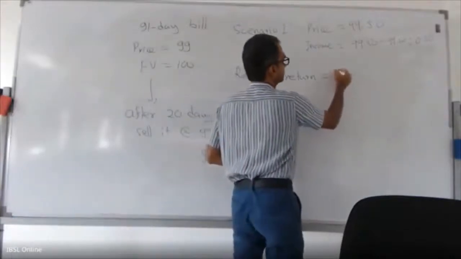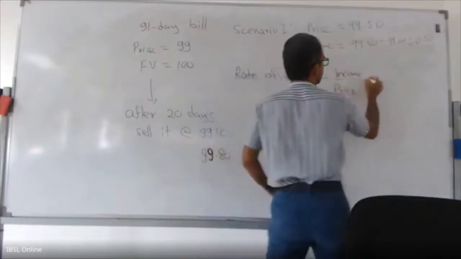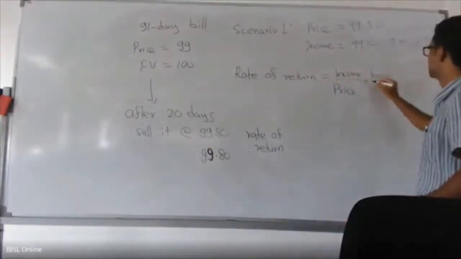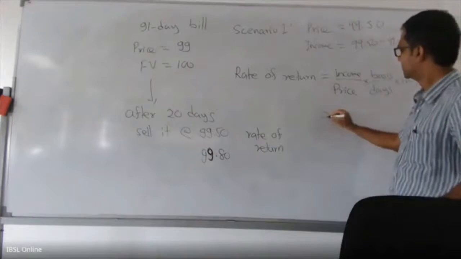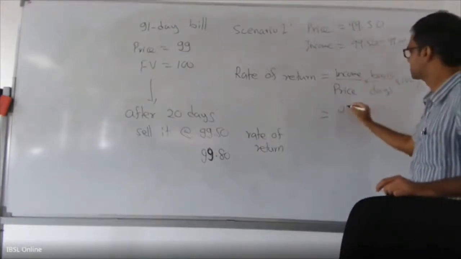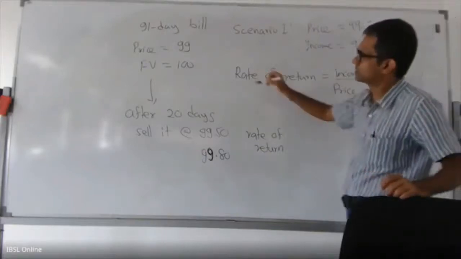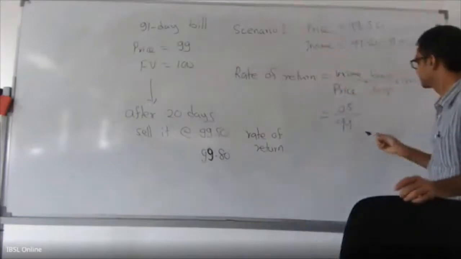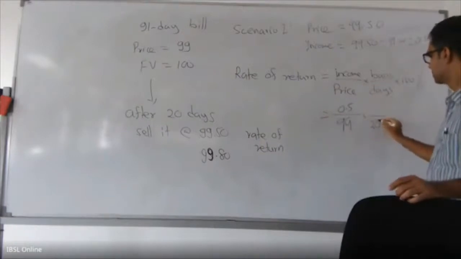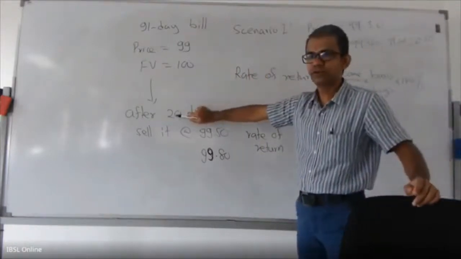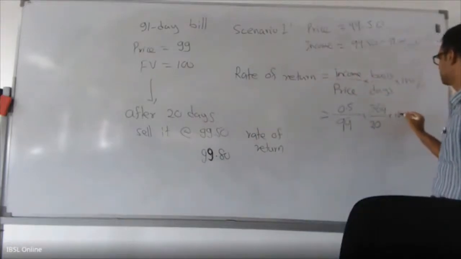Income divided by the price, into basis divided by number of days, into 100. What is the income? 50 cents, 0.5. The price he paid is 99. Number of days is 20, because he held it only for 20 days, and to annualize, the basis is 360.